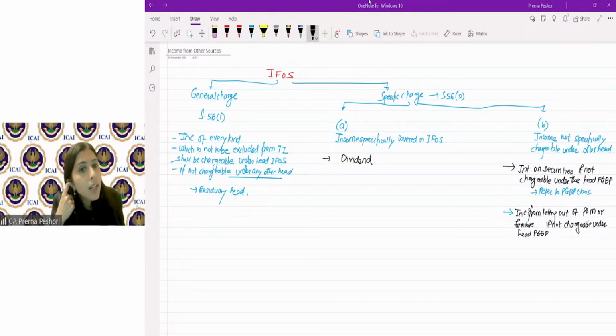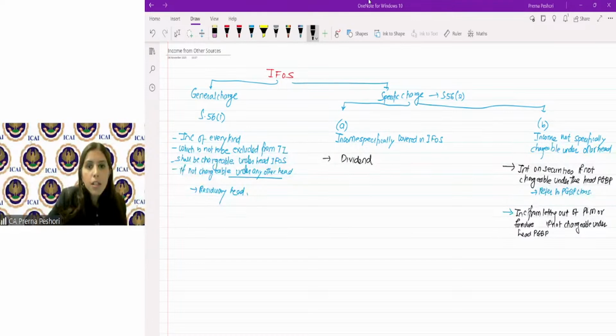So income from letting out of machinery, plant or furniture, if not chargeable under the head PGBP, or where the assessee lets on hire the plant and machinery along with the building, if the building is inseparable from the machinery, then also if it is not chargeable under PGBP, it will be chargeable over here.